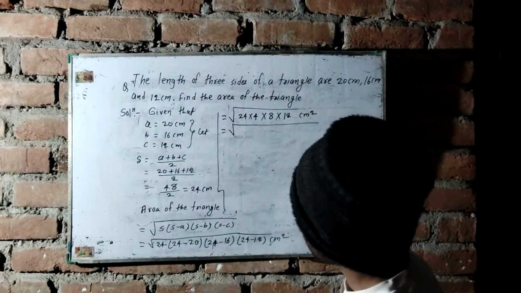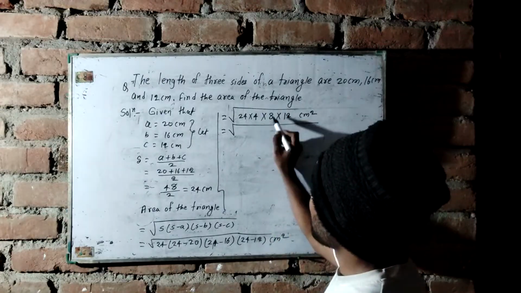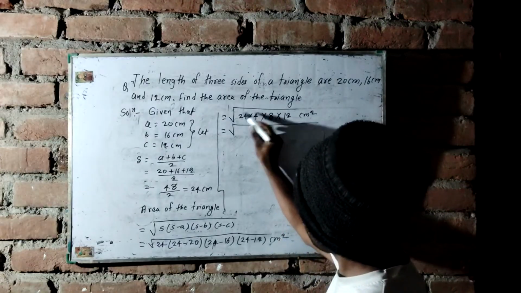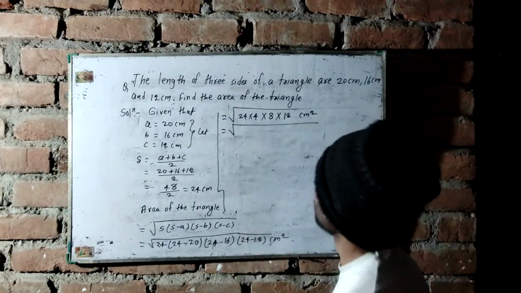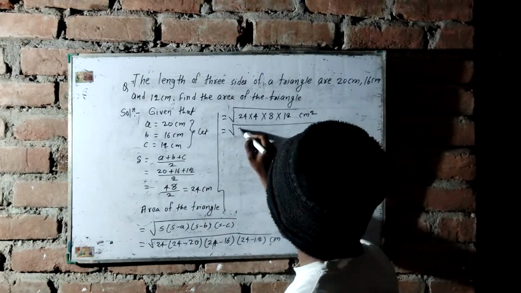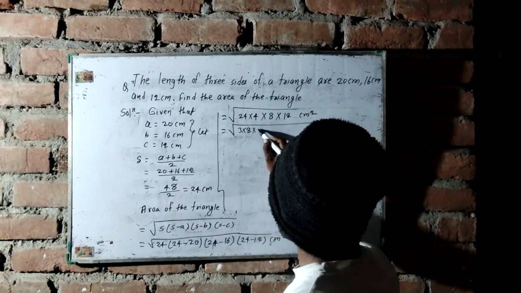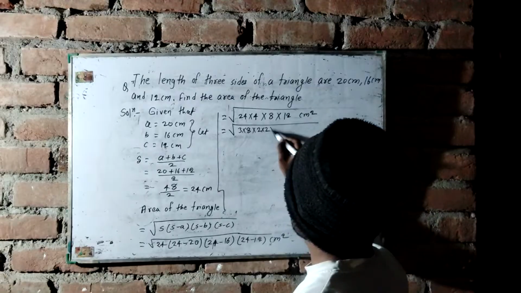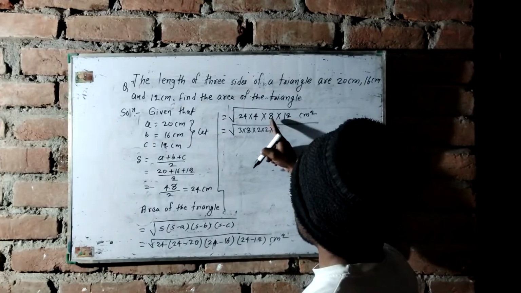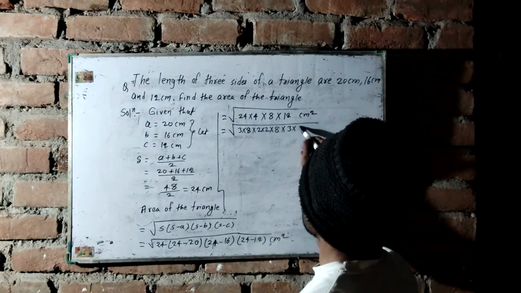So for easy solution we can factorize this number as 3 into 8, and this number as 2 into 2, and we can write 8 as it is, and also we can write this number as 3 into 4.